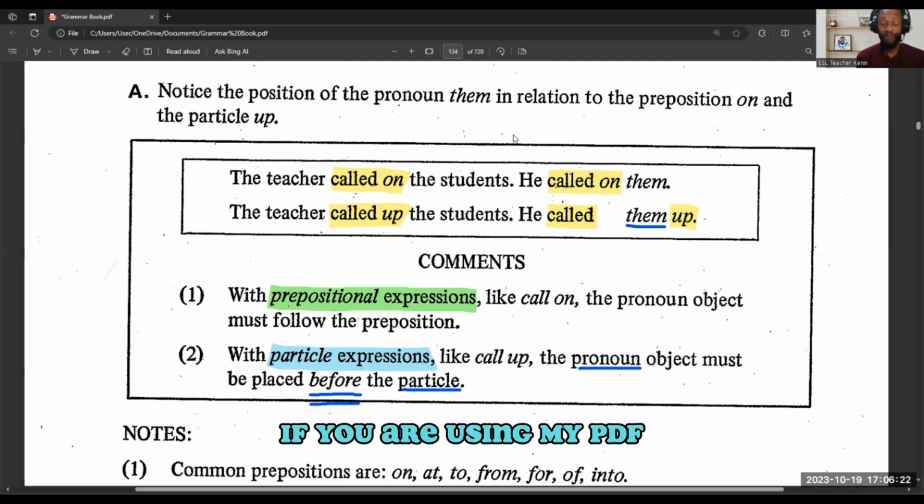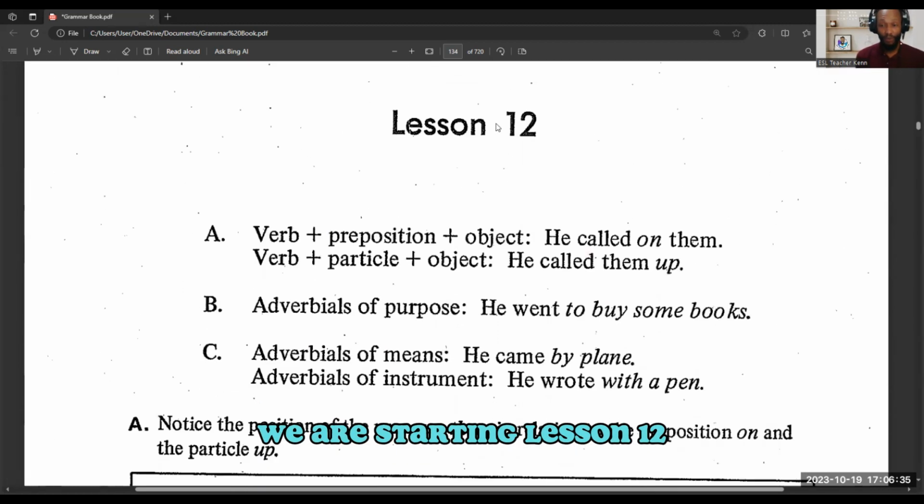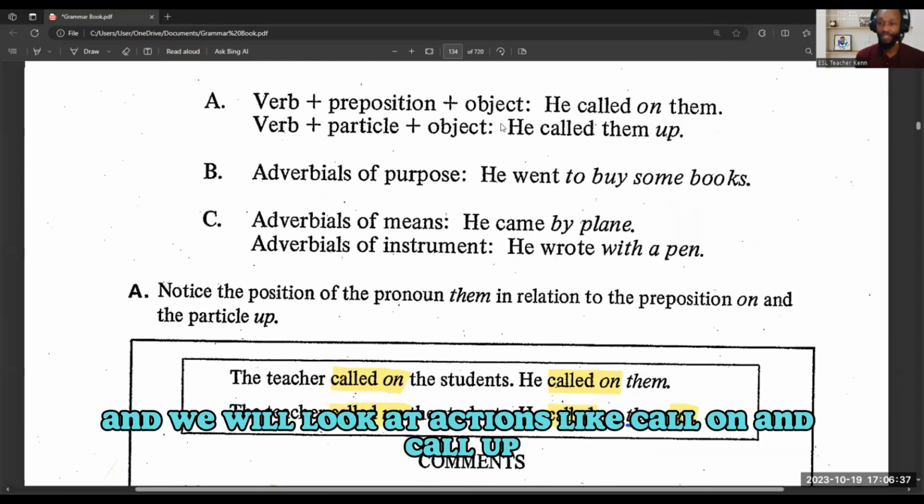If you are using my PDF, which is also available for free in the podcast, you can go to page 134. We are starting lesson 12, and we will look at actions like call on and call up.